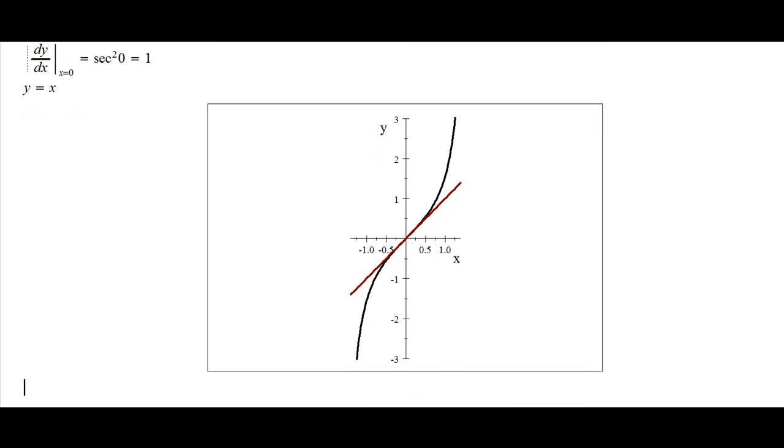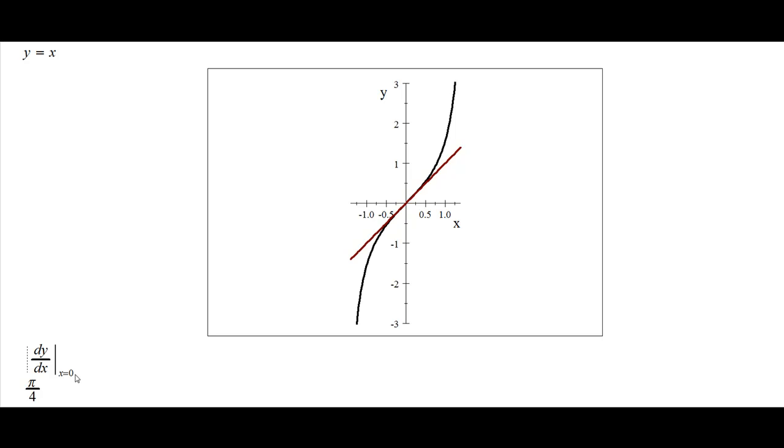We know pi is a transcendental number, but we are quite familiar with pi. So let's look at pi over 4, which is between 0.7 and 0.8, and do the same thing here. That is, look at the equation of the tangent line at pi over 4 instead of 0, and see if we can get another straight line that approximates this graph in this area.